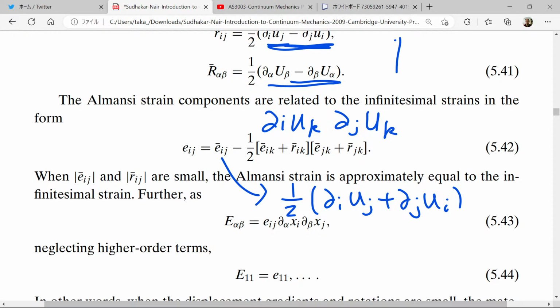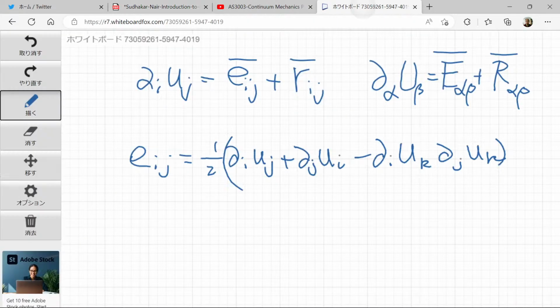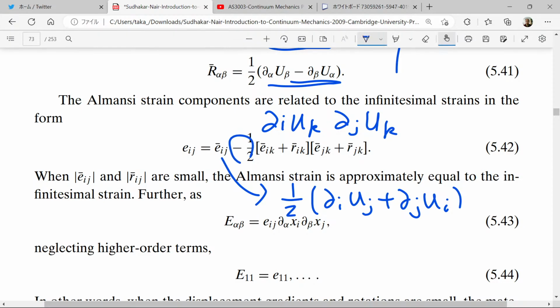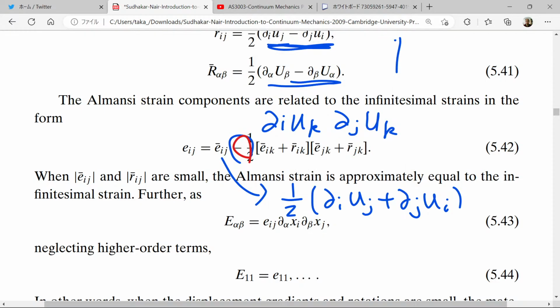So if we put it all together, you have this, with the quadratic term partial i u_k partial j u_k, and there is a minus. Okay? When everything is small, the Almansi strain is approximately equal to the infinitesimal strain.